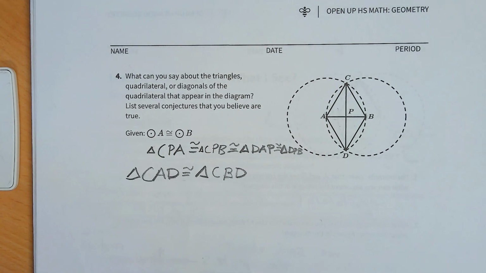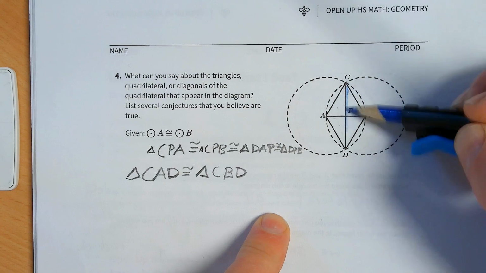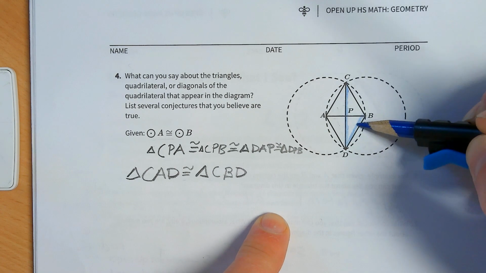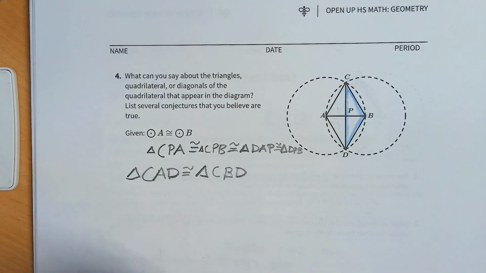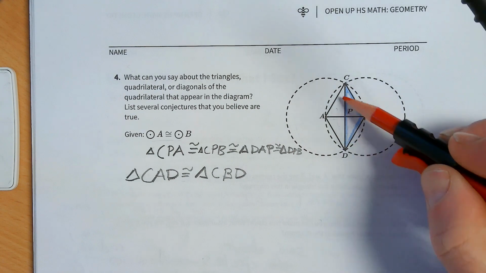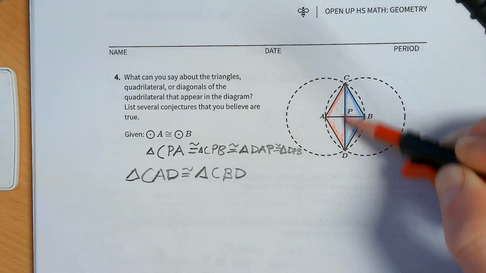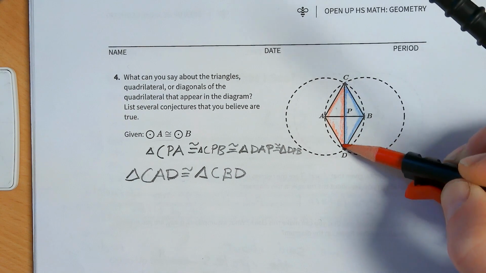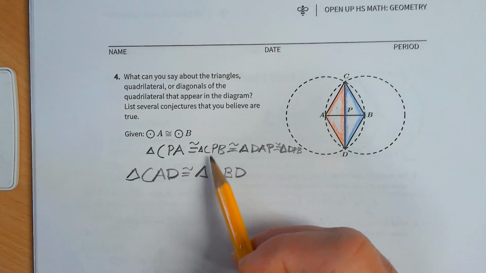Time to get out the trusty colored pencils, which just happen to be connected to compasses, which is awkward. That's okay. Talking about that triangle, that's the CBD. And this triangle. Those are congruent.